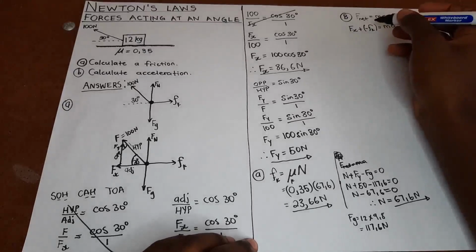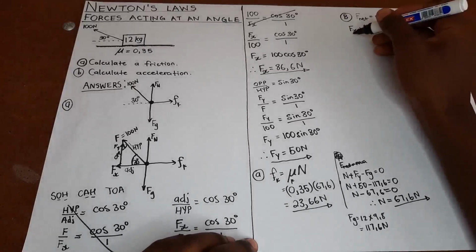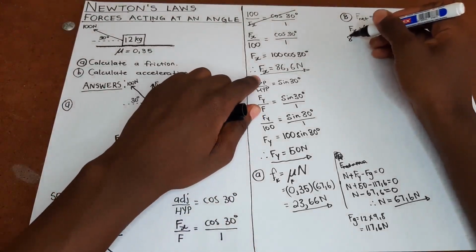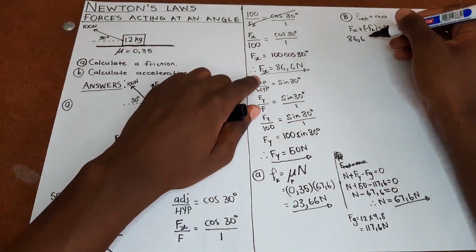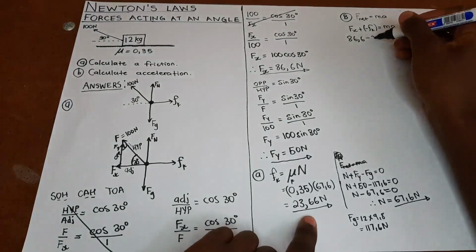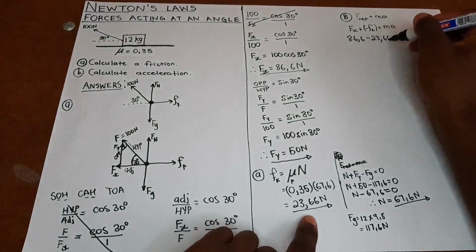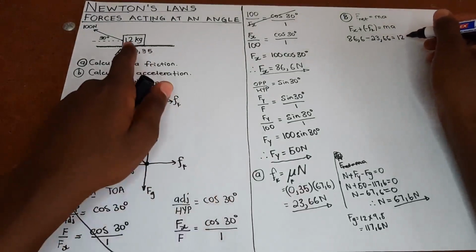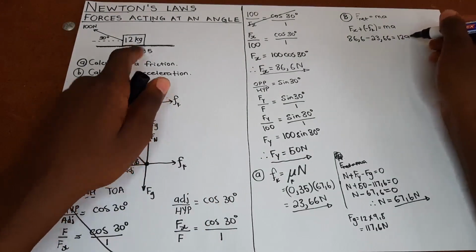Fx equals 86,6 newtons minus the kinetic frictional force, 23,66, equals 12 multiplied by acceleration.